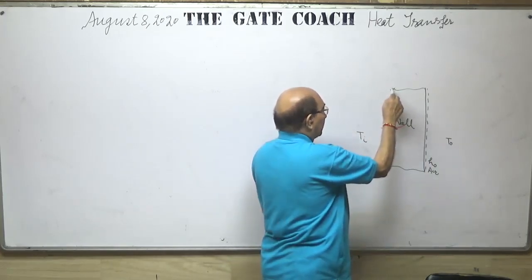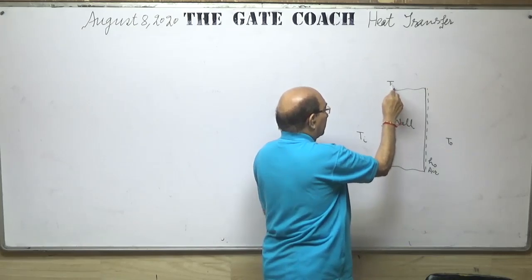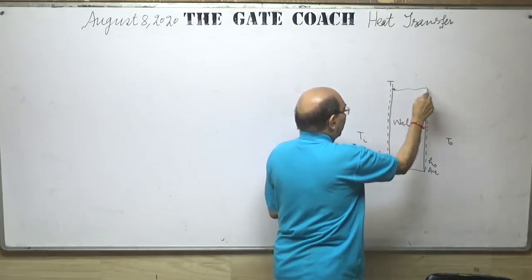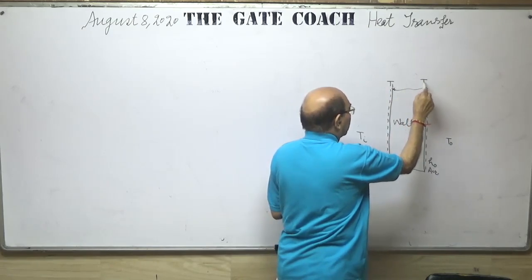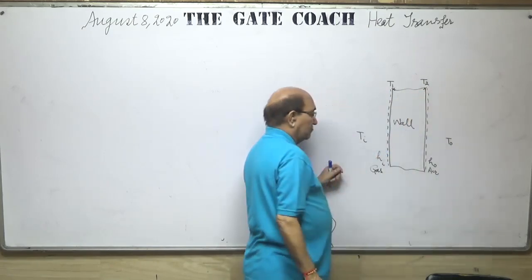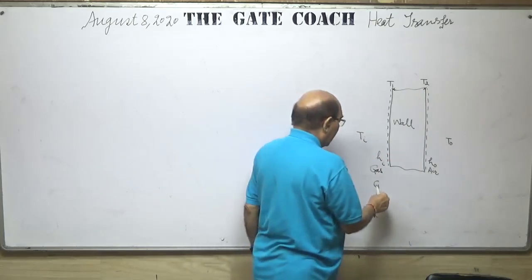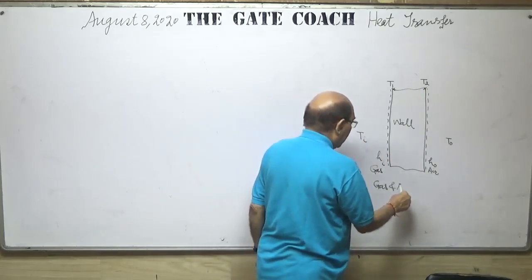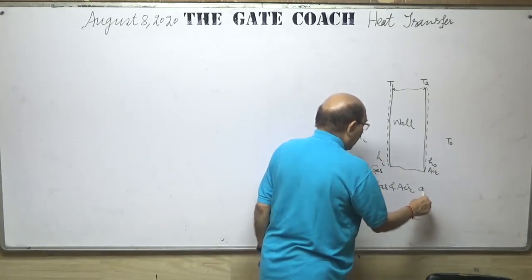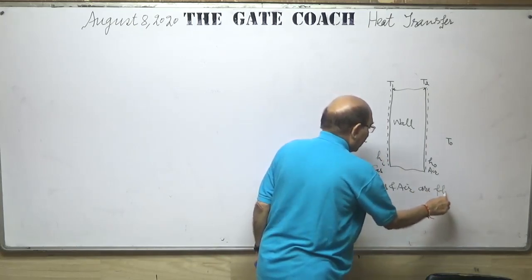This wall surface is at temperature T1. This wall surface is at temperature T2. Gas and air are flowing.